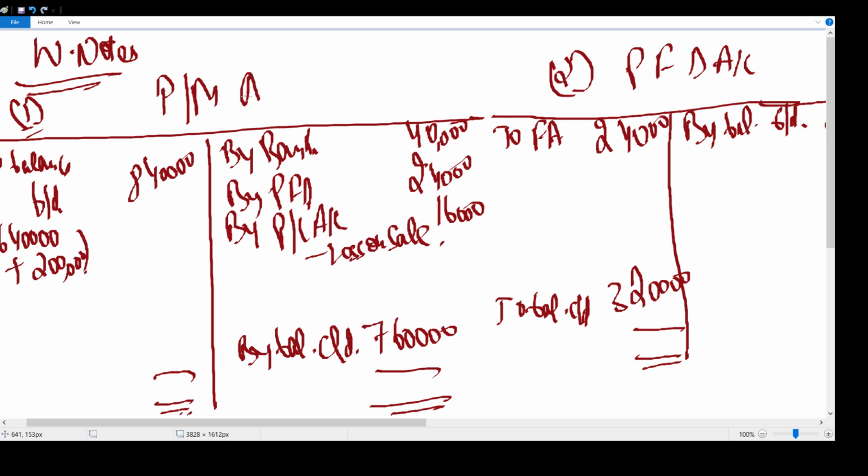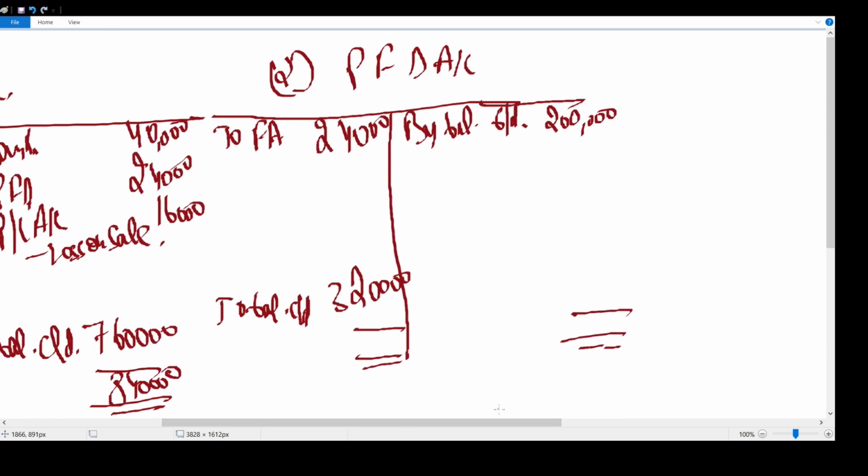I hope the working notes are clear to you, and fortunately it also matched. The working note also matched. This account has been closed. Now we have to close the P&L account. The balancing figure would be here by depreciation.